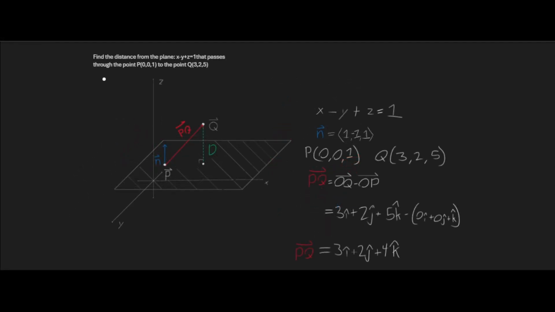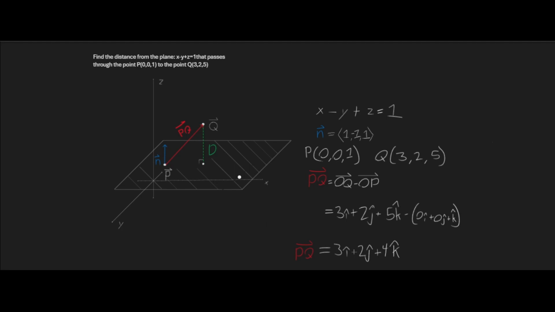Okay, so the question asks us to find the distance from the plane x minus y plus z equals 1, which passes through the point 0, 0, 1, to the point Q, which is 3, 2, 5.